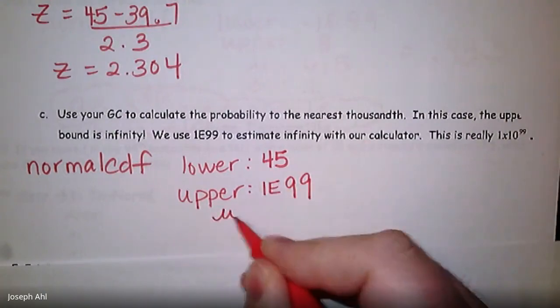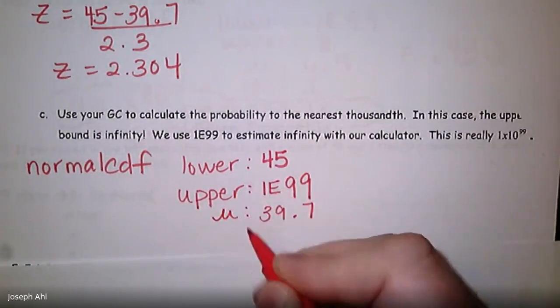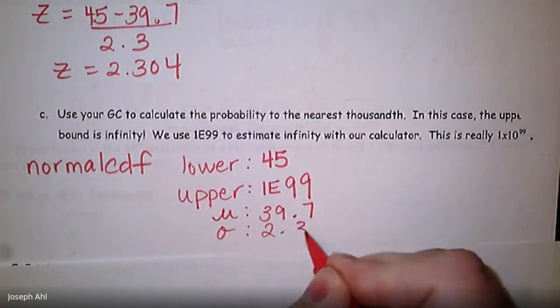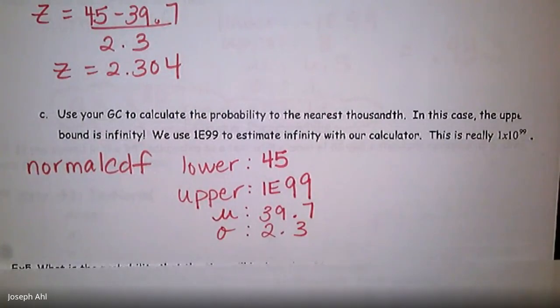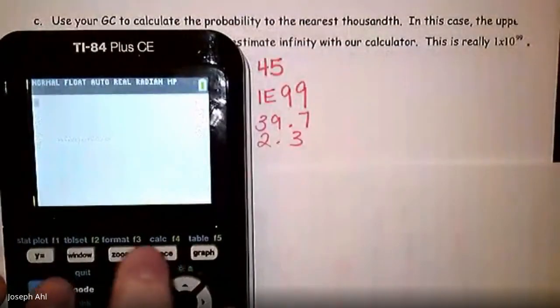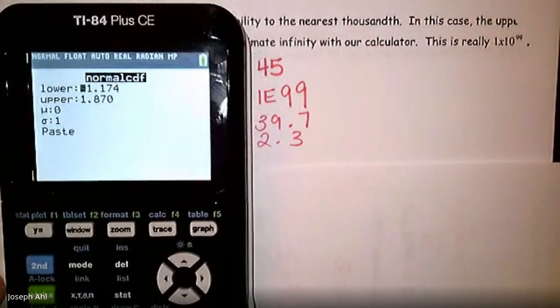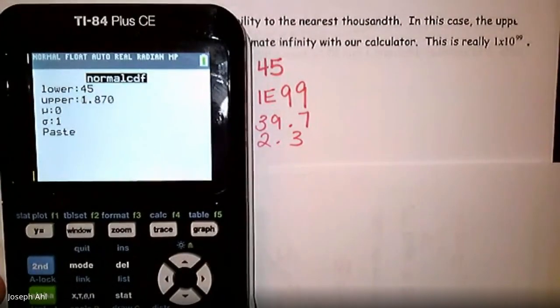Okay, we know that the mean in this case is 39.7, and the standard deviation was 2.3. So let me show you how we can type in that 1 times 10 to the 99th here. We're going to go to normal CDF again, second vars, choose option 2. We want the lower bound to be 45.